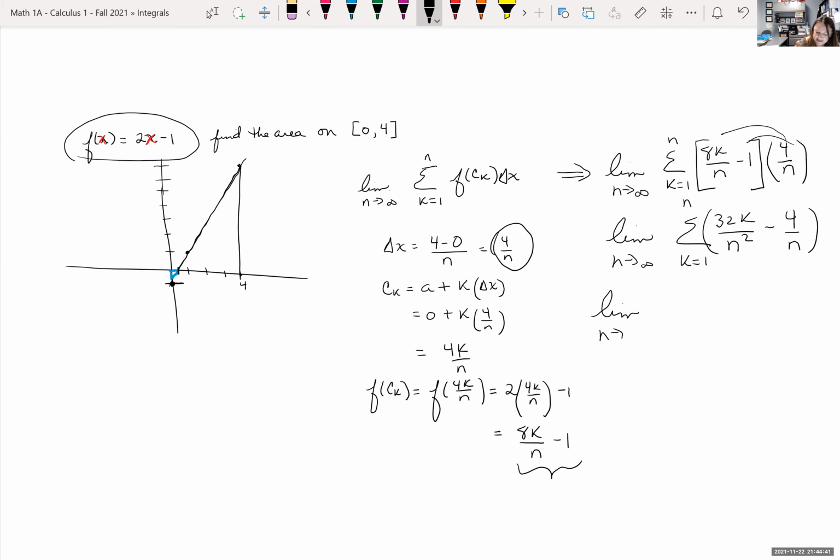So we can break it down as a summation of each term. And I can pull out the pieces that don't have k in them. So notice I can pull out 1 over n squared for that first term. And that would just leave me with, actually I could pull out 32 over n squared.